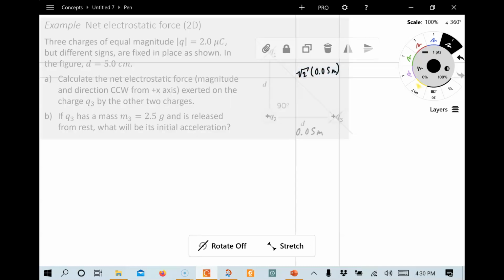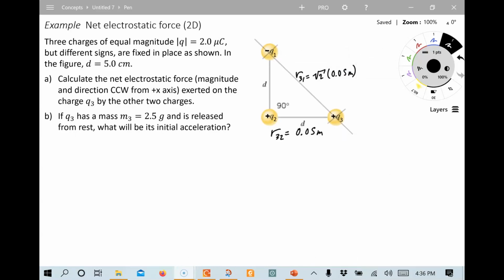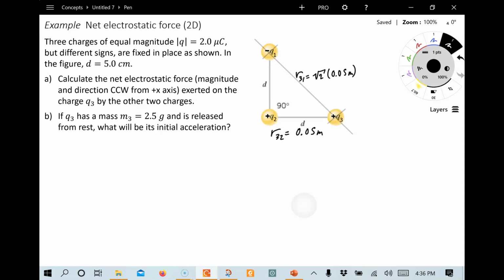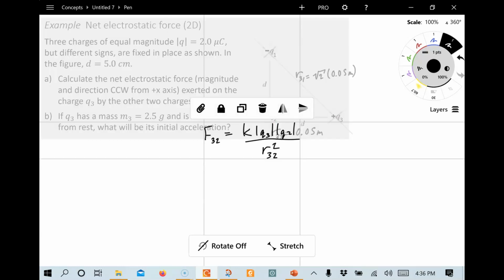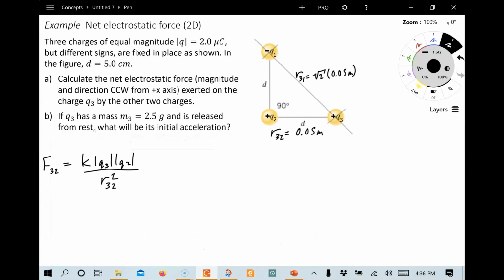Now, I want to go ahead and identify these because we're going to use Coulomb's law to do this. So if I look at Coulomb's law here, I've written it for the magnitude of force interaction between charges 3 and 2. We see that distance there, R32, it's in the denominator, and we have the charge values, take their magnitudes, put those in the numerator, we can calculate the magnitude of that force.